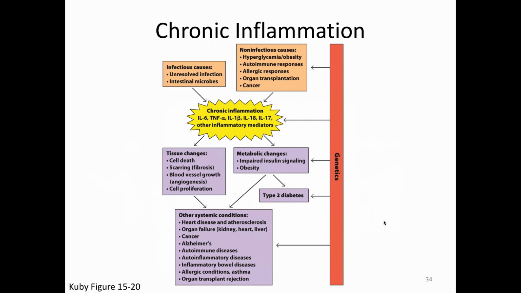We can also see some of these changes leading to things like heart disease, atherosclerosis, organ failure, cancer, Alzheimer's, autoimmune disease, autoinflammatory disease, inflammatory bowel disease, allergy, asthma, transplant rejection, etc. Basically, if you can think of a sort of medical problem, I can probably link it to inflammation and chronic inflammation. I will tell you right now, I got 9 of the top 10 causes of death in the world.